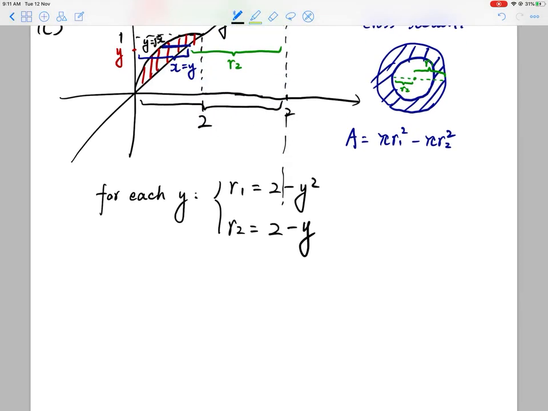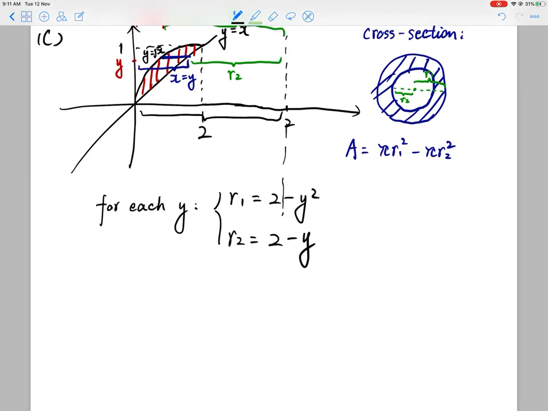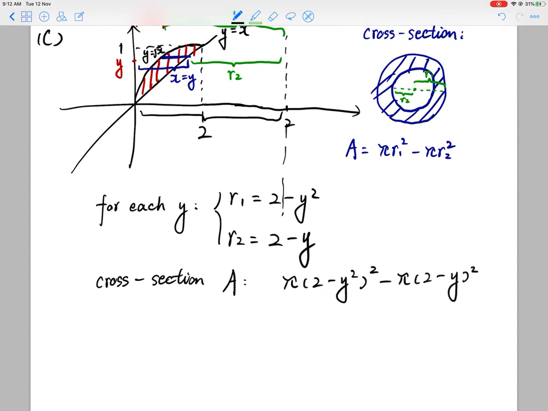So the cross-section area is pi R1 squared minus pi R2 squared.